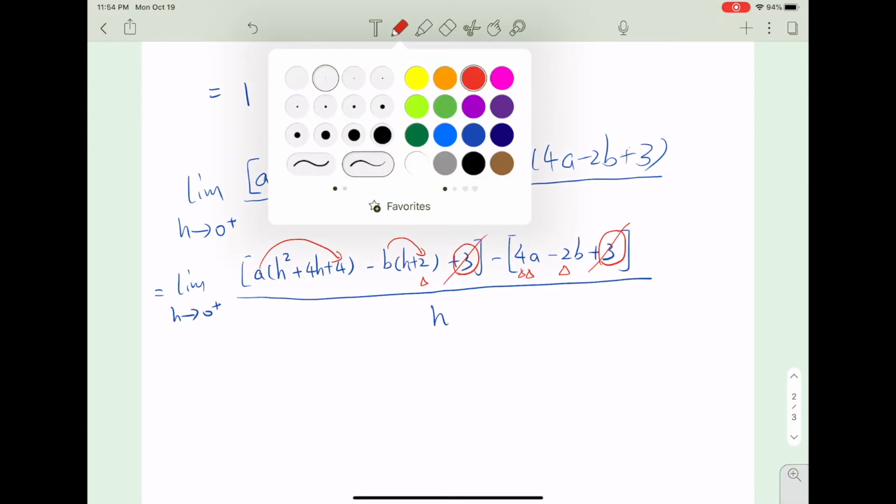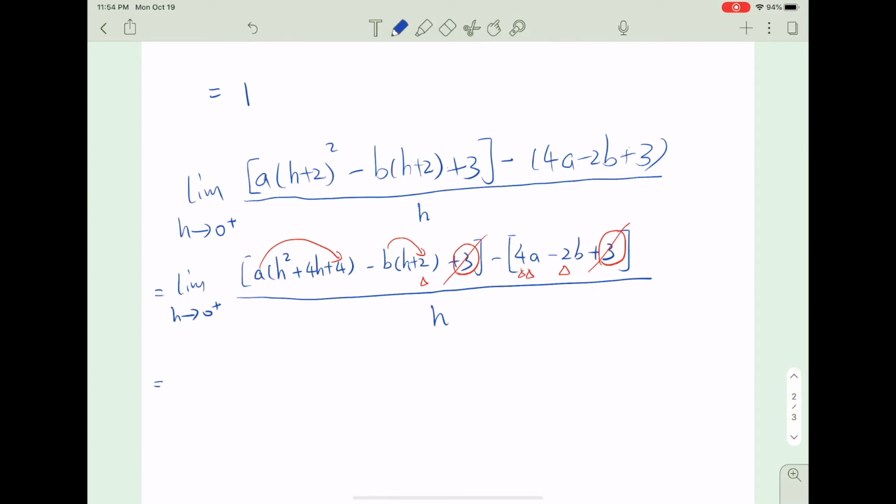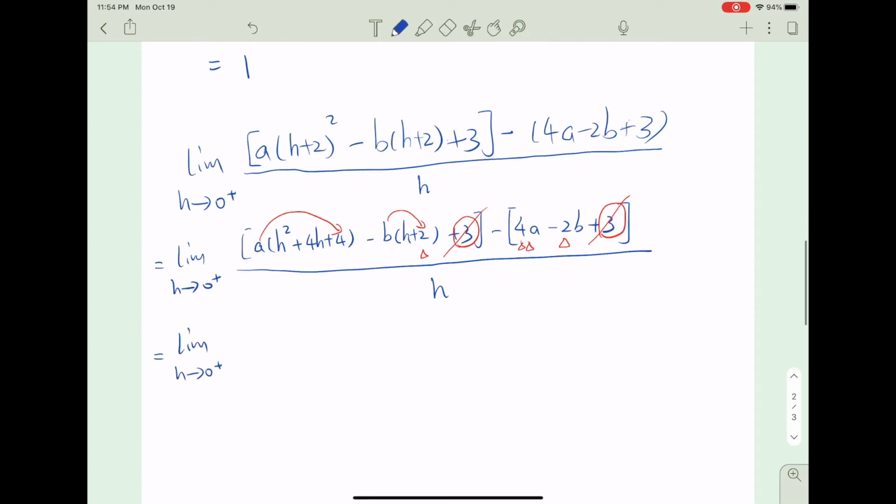So based on this, let's write that out so that it won't be very vague, right? So I have a h squared plus 4a times h plus 4a minus bh minus 2b, right, plus 3, and minus 4a minus 2b plus 3.